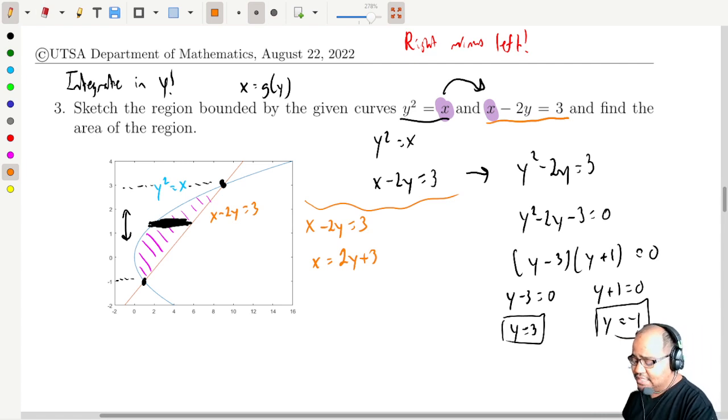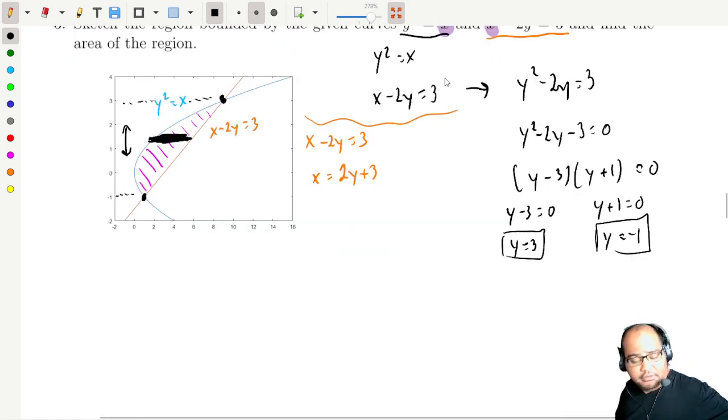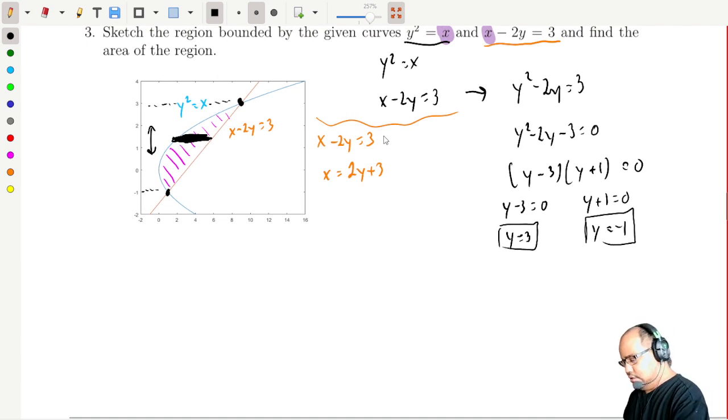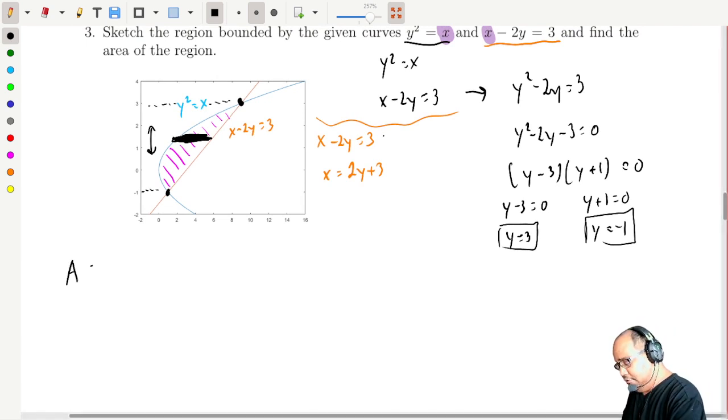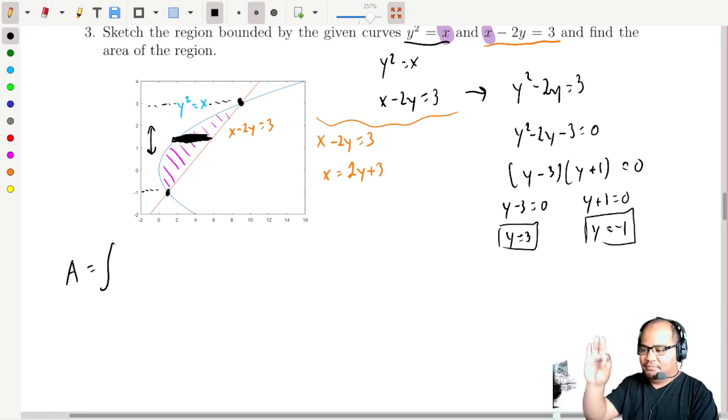Now I have all the pieces that I need, okay? Using the right minus left mantra here, we can go ahead and set up our integral. So the area here, let's switch colors. Okay, so the area here is an integral. Now we're integrating in y, so instead of moving from left to right, I'm not sure if you can see this on the camera, but instead of moving left to right like this, now we're moving up and down.